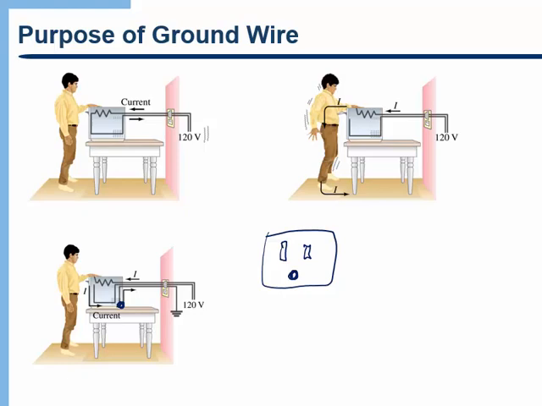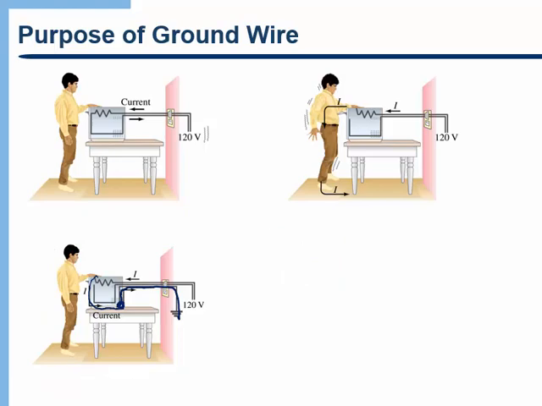And so here's what happens. Even if a wire breaks inside the microwave and touches the inside of the metal case, the current will flow through the case through that third wire back to ground. That has very little resistance compared to your resistance. And so none of the current will flow through you.